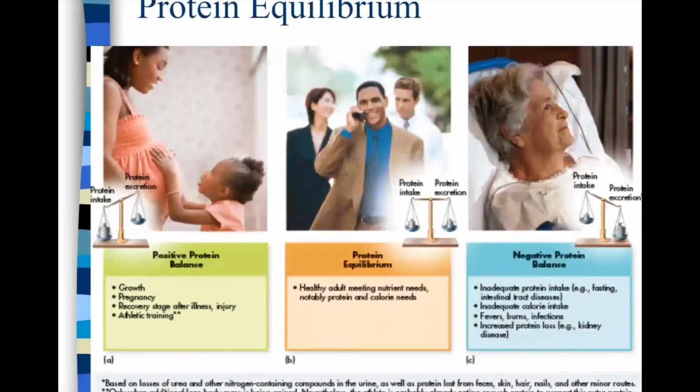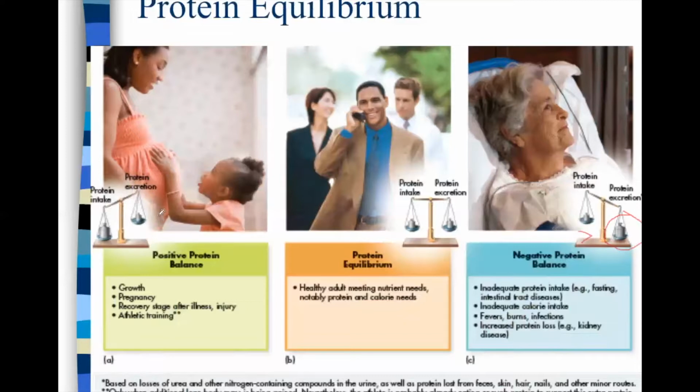Negative protein balance happens when you're not eating enough protein, you have inadequate calorie intake, or you're sick, maybe you have a fever, a burn, or an infection, and you have increased protein loss. In negative protein balance, you can see that protein is on a scale, and when it's balanced, it's equal, but in negative protein balance, protein excretion is bigger than protein intake.